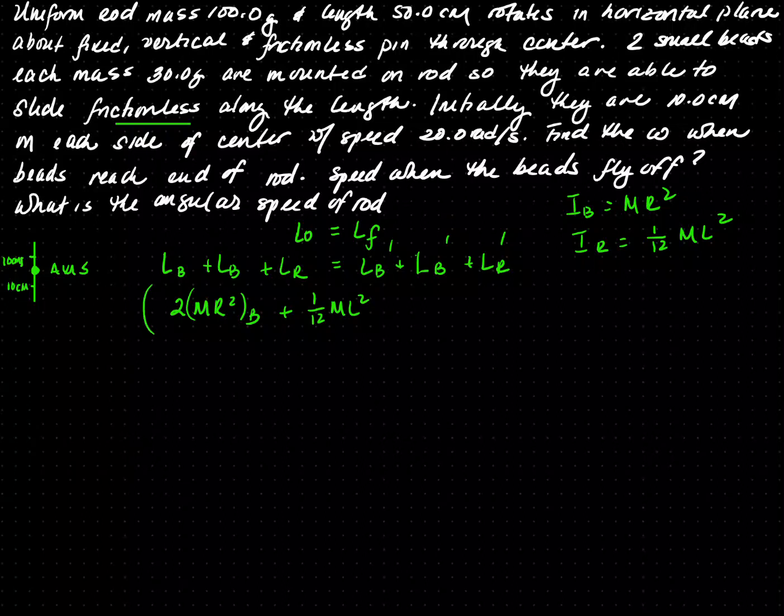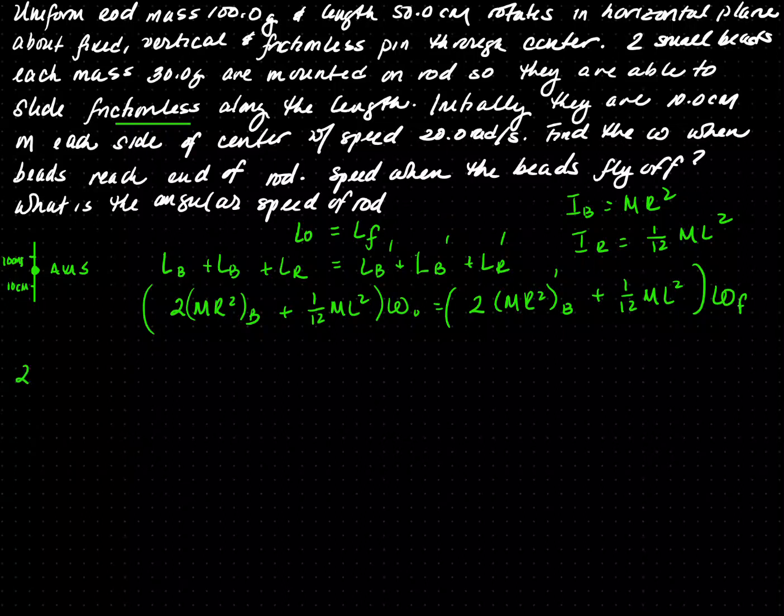And the entire thing has to be multiplied by the initial angular velocity. At the end, we know that the beads are going to be the same distance, so they are going to be added together again. This is the beads plus the rod, and this will stay the same. The entire thing is going to be multiplied by the final angular velocity.